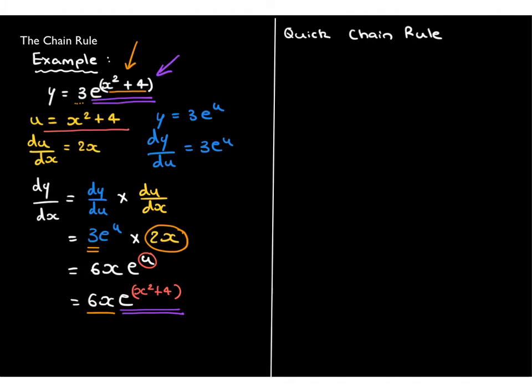So how does the differentiation work? Well, y equals 3e to the x squared plus 4. That's the function. I can write down dy by dx as follows. Let's look at all the parts of this. So the 3 is just present in the answer.